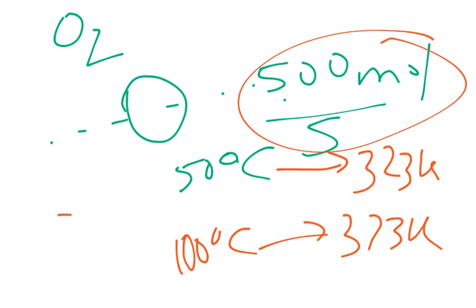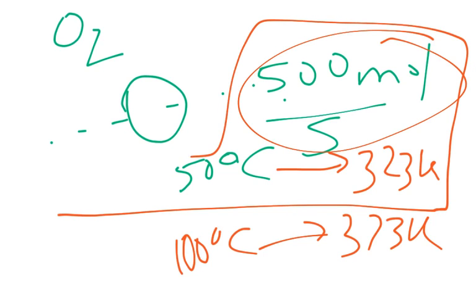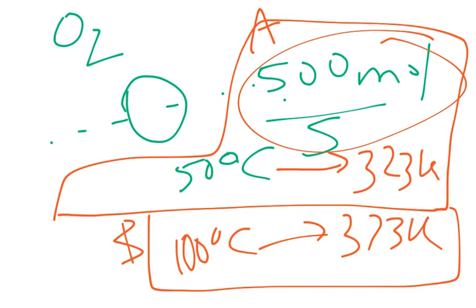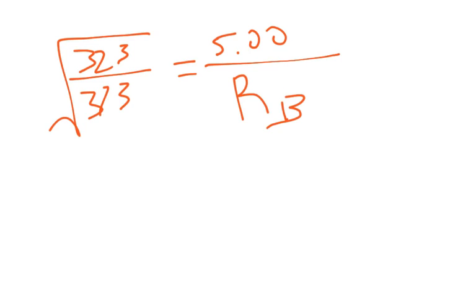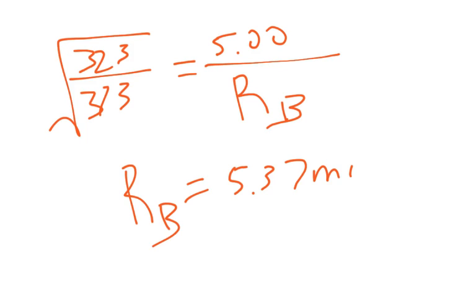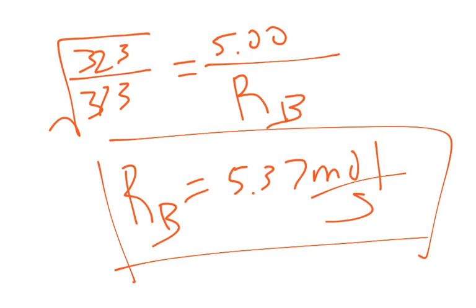Note that situation A is over here, and situation B is over here with an unknown effusion rate known as RB. Doing the math, I get that the effusion rate for case B, when you increase the temperature to 100, is going to be 5.37 moles per second, and that's our answer. Notice how increasing the temperature increases the effusion rate, or the velocity of the particles.